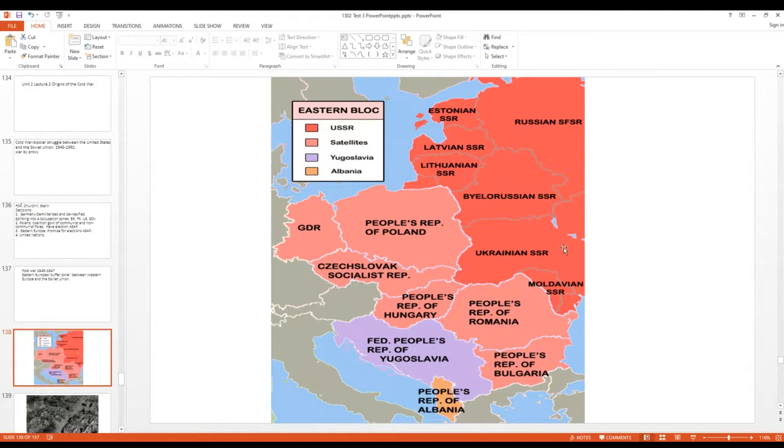But all of this is meant to be a buffer zone between Western Europe, which is over here, and the Soviet Union. And so Stalin is obsessed with creating security for the Soviet Union. And the best way to create that security is to put in this buffer zone between his nation and the rest of Western Europe.